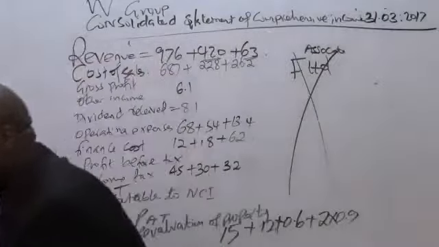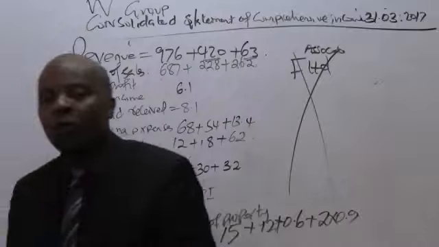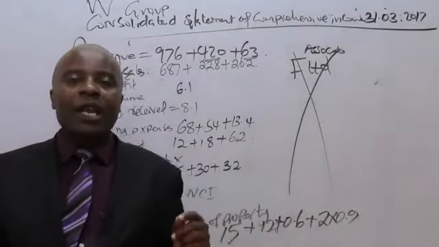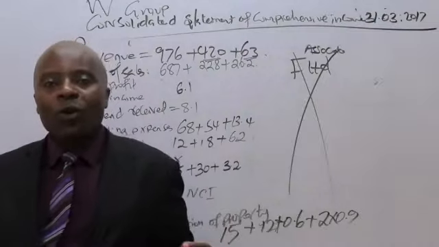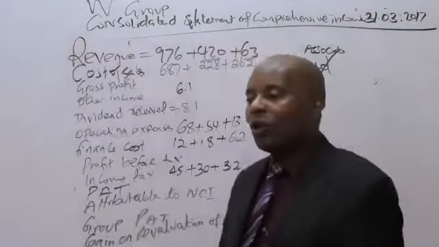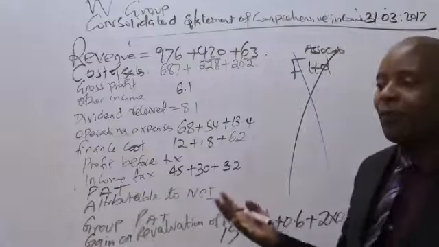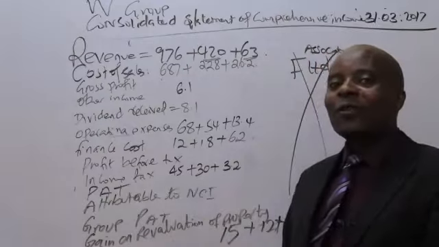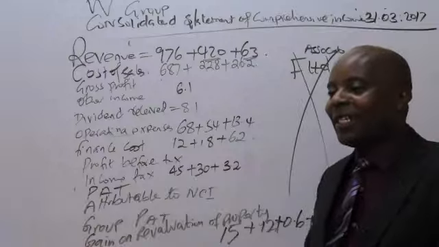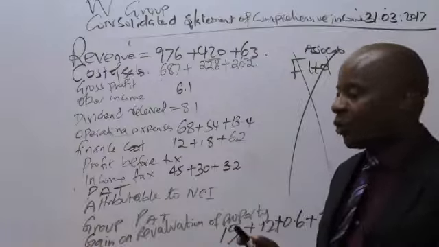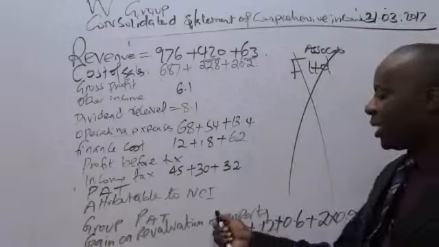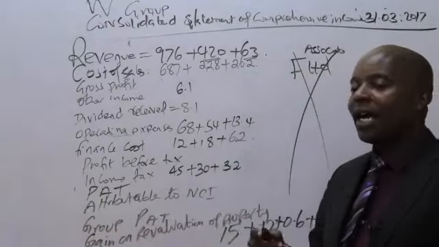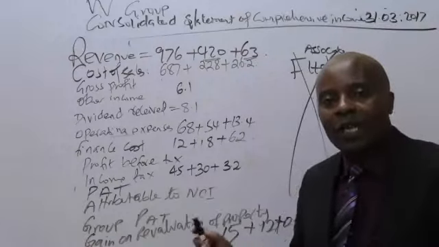Ladies and gentlemen, remember, I'm just here not to complicate your life. I'm just here to make your life easier, to show you how you can harvest what we normally call low-hanging fruits. And the very first low-hanging fruit I want everybody to understand today is all these items that come after other comprehensive incomes.